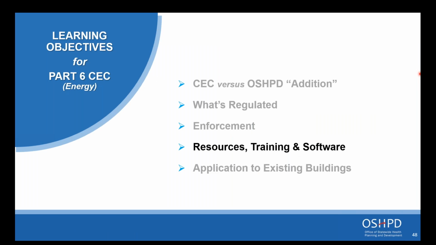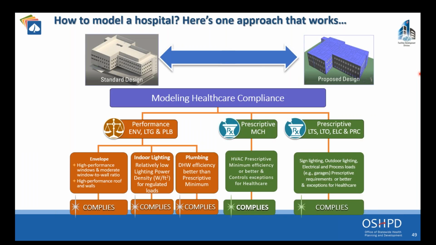So, resources, training, and software for this program. We're not seeing a whole lot of these come in yet, but they are starting to come in. There is a third-party agency called Energy Code ACE that we have been working with. They provide modeling help. They also help with the forms, and they also did some online training over the last year.